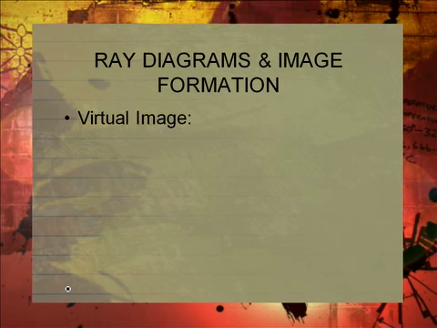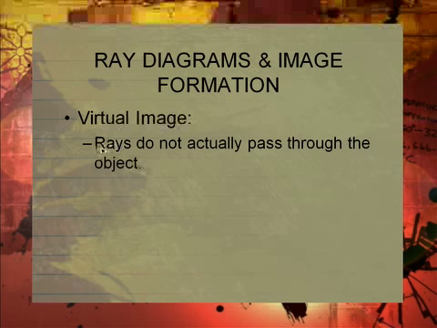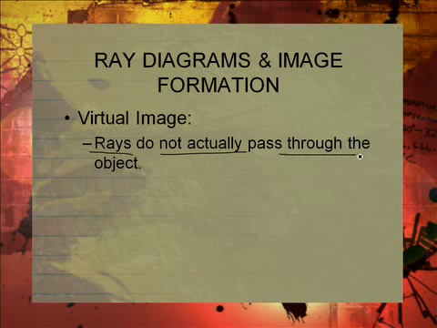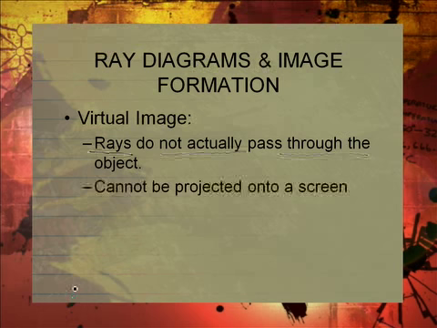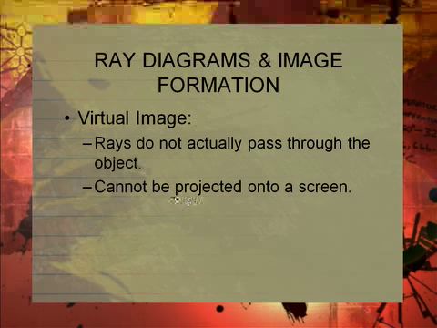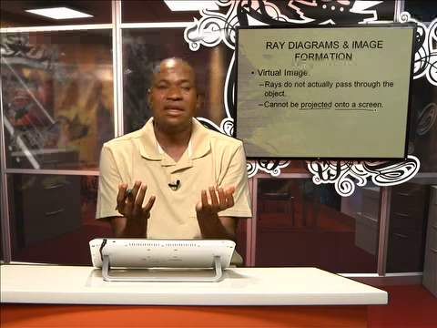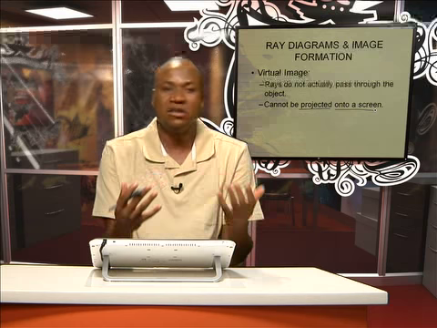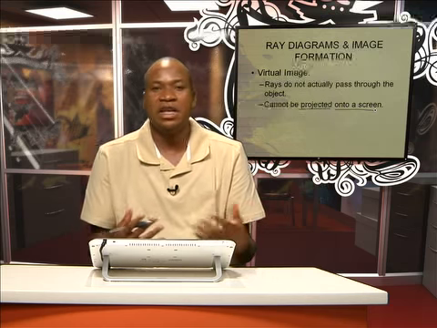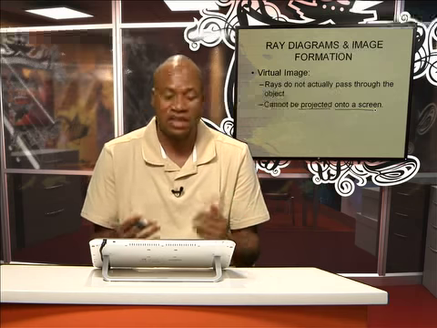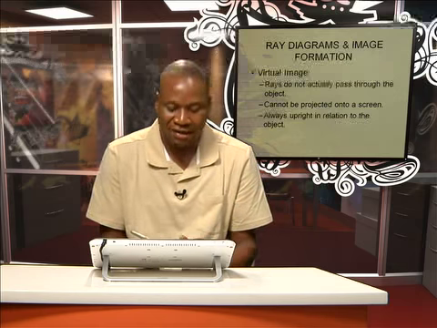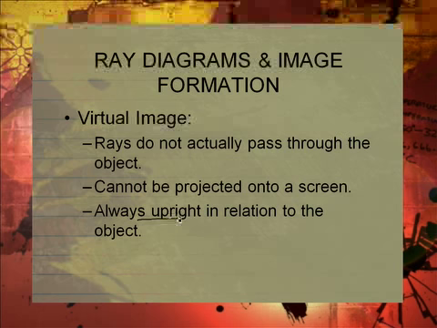Next, talking about virtual image. An image is virtual when rays do not actually pass through the object. Next, this type of image cannot be projected on the screen, so we can't see it there. We can't use this type of images in movies where we want to watch things happening. Next, this type of image is always upright in relation to the object.